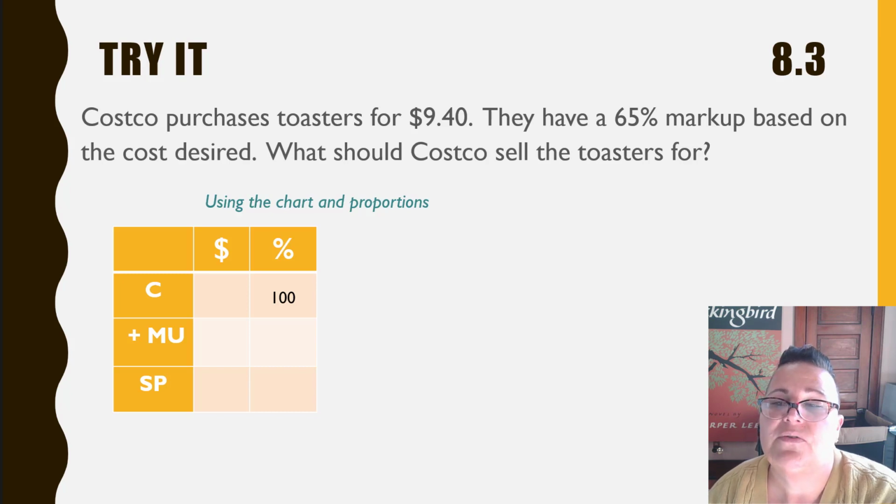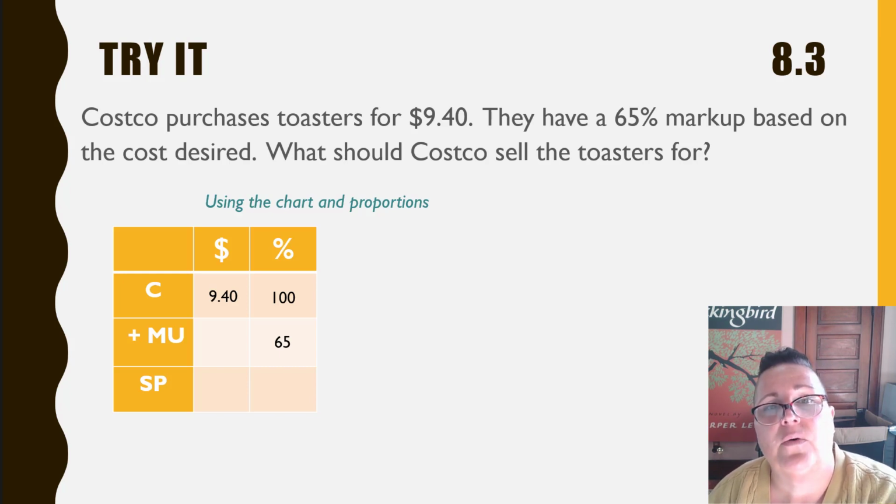Costco purchases toasters for $9.40. So the cost for Costco is $9.40. They have a 65% markup based on cost desired. So the markup percent is 65. And I can put that in markup and percent. What should Costco sell the toasters for? So my selling price is what's missing.